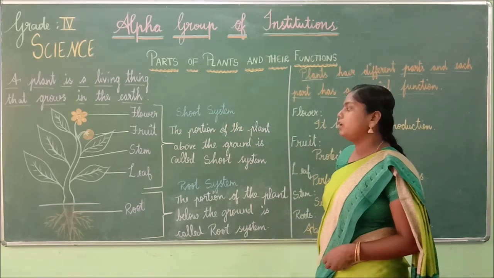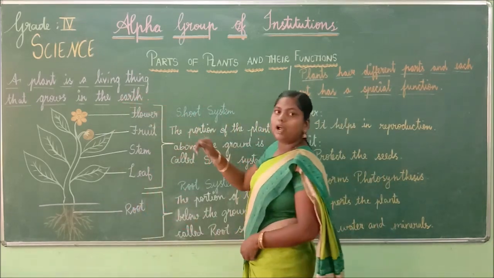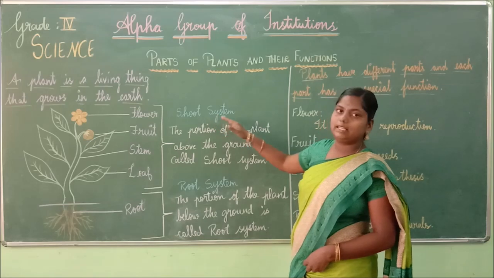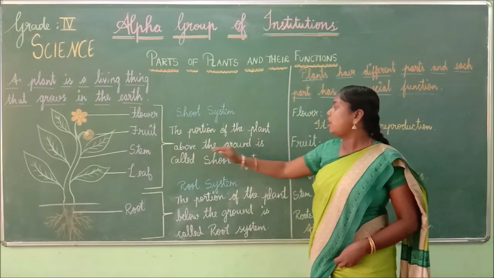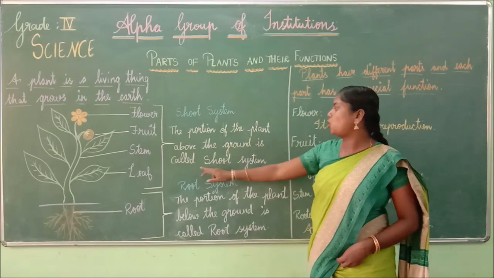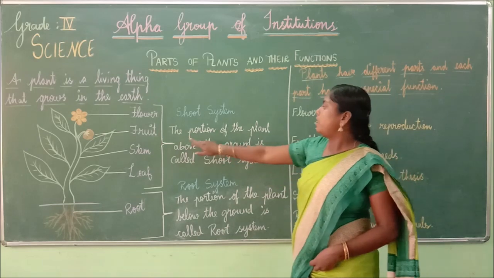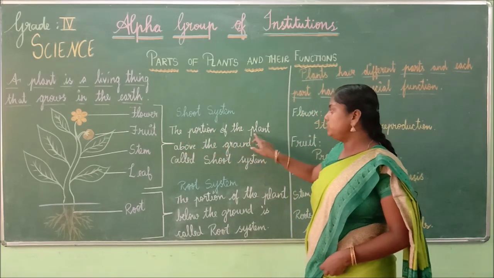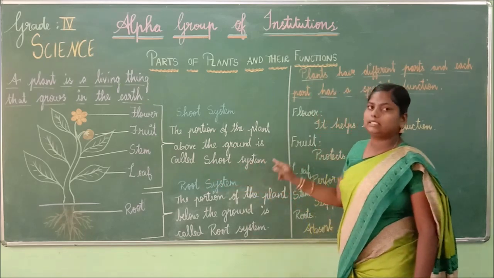S-Y-S-T-E-M. System. So, the part which you can see on the ground is called shoot system. The portion of the plant above the ground is called shoot system. Repeat it again. The portion of the plant above the ground is called shoot system.